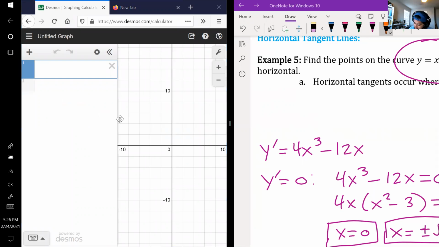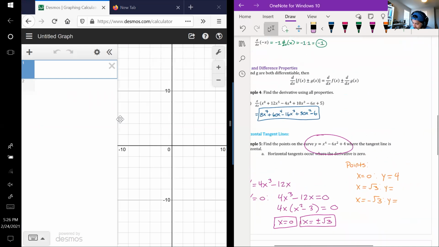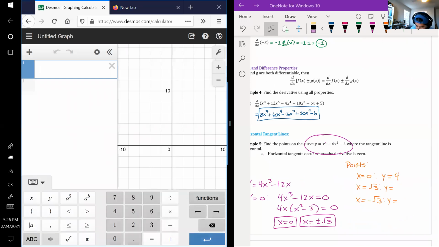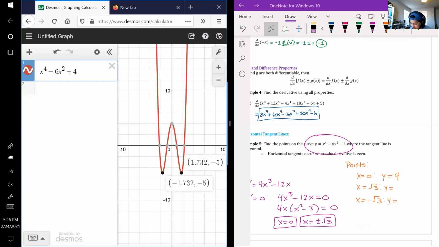All right, first I'll type this in: x to the 4th minus 6x squared plus 4. And then here, actually, what's that going to give me? Yeah, that's going to give me everything I need.